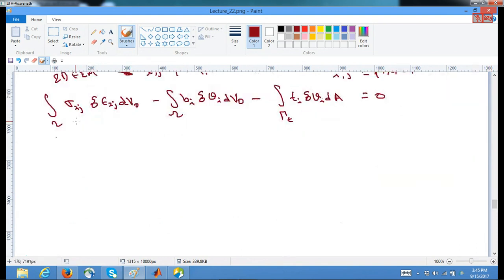So let me rewrite this. We know that our virtual displacement is this one, but I want to approximate it. So our approximation for the virtual displacement is given by delta V(x), and that is given by what I would call delta Vi Ni, very similar to what we used to have earlier.